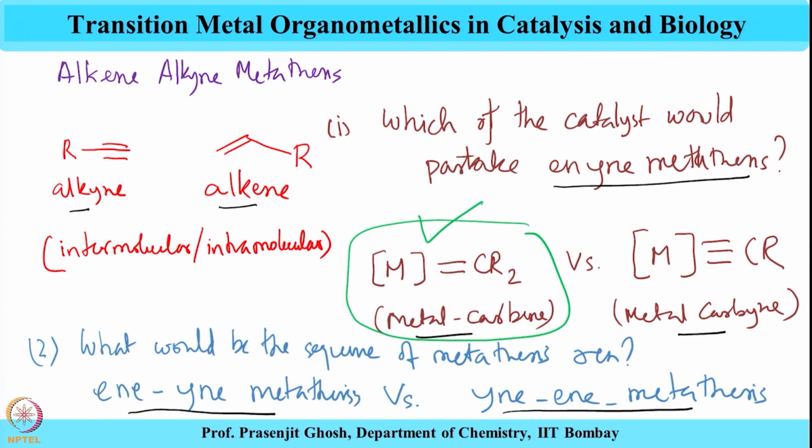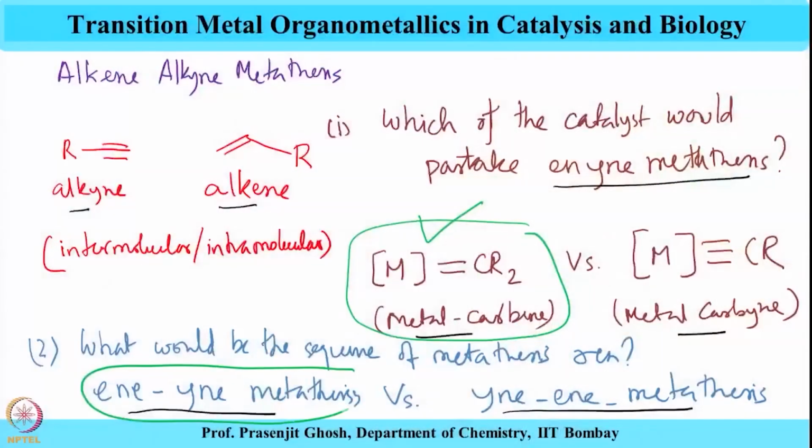With respect to the second question, what would be the sequence of metathesis, whether it will be olefin first and then alkyne second, or alkyne first and olefin second, the answer which the evidence points to is ene-yne metathesis, which is supposedly the one followed in most of the cases and most popular.